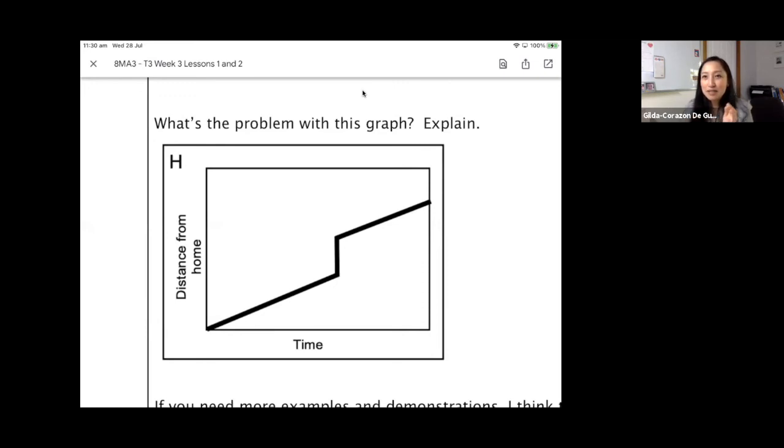So that means there wasn't any time lapse, but he went from one distance to the other. You can't be in two places at one time. All at the same time, you are at those distances, right? And you can't have that. Well, you can have that on Zoom maybe, but not in reality, right? So that's why when you have a vertical line, that means that's non-existent in our distance time graph. Does that make sense? Yes?